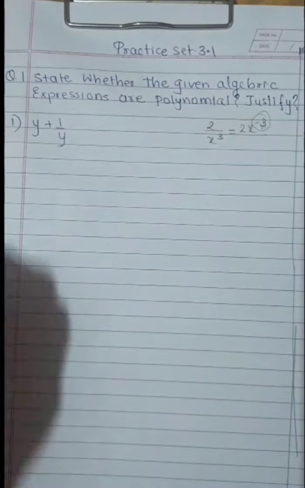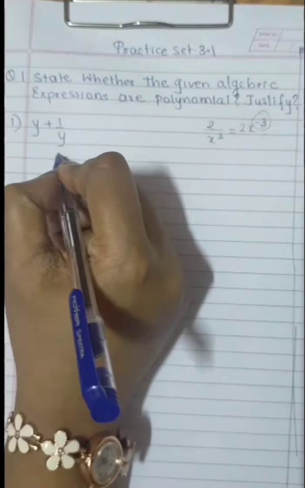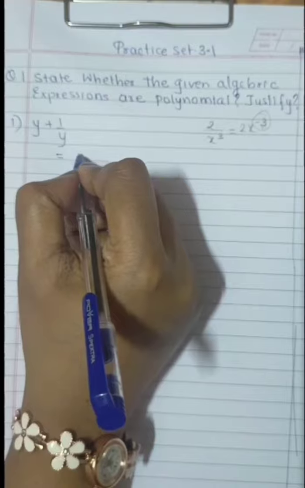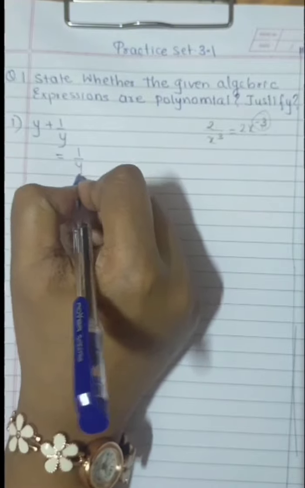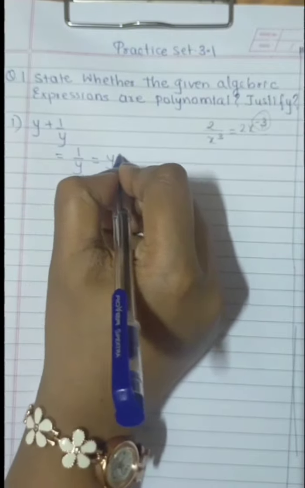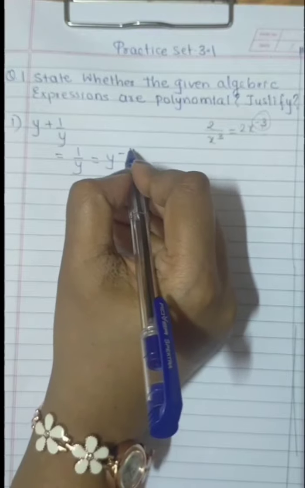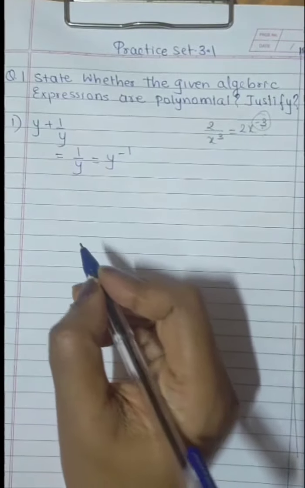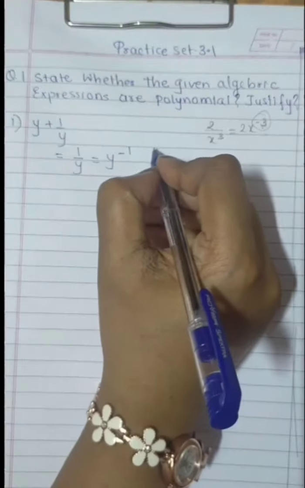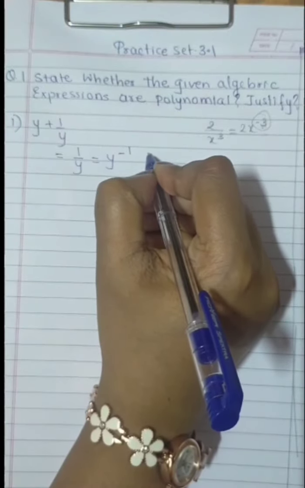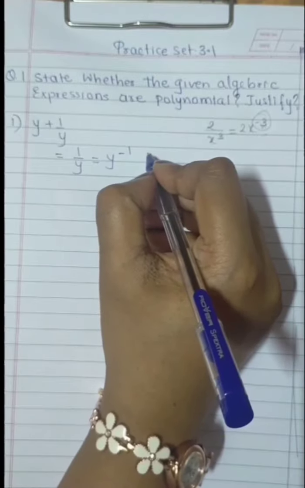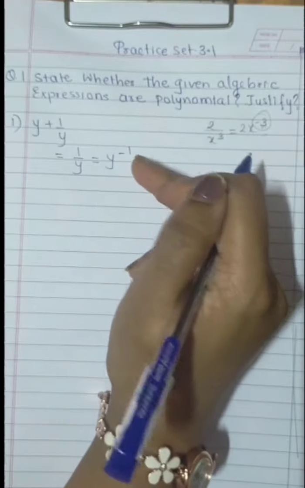So here, 1 upon y is equal to y to the power minus 1. It's not a polynomial. The power is not a positive integer.